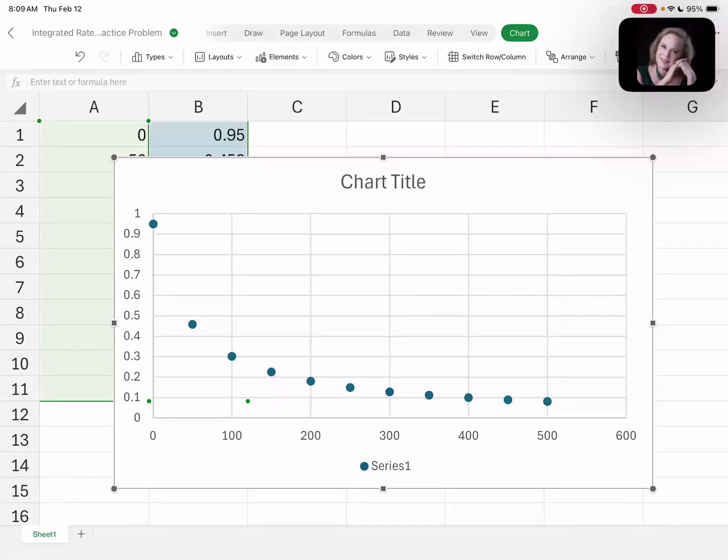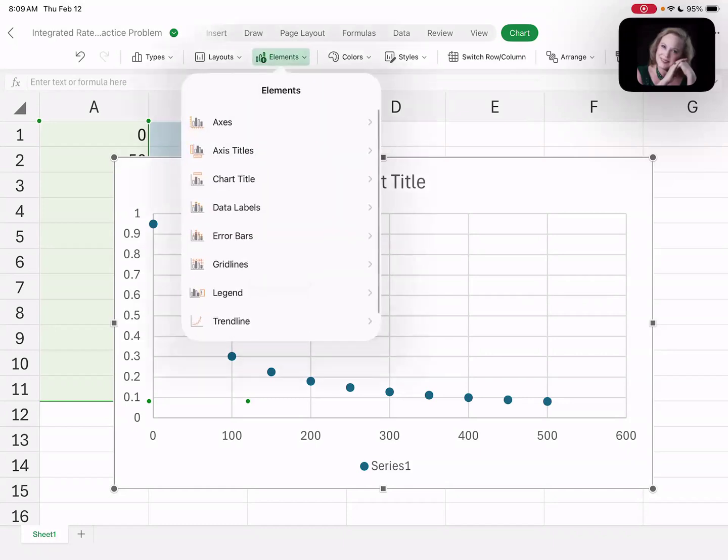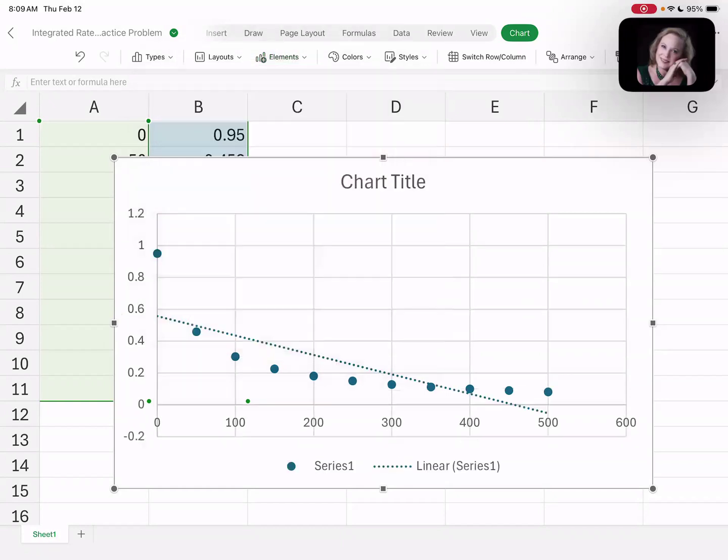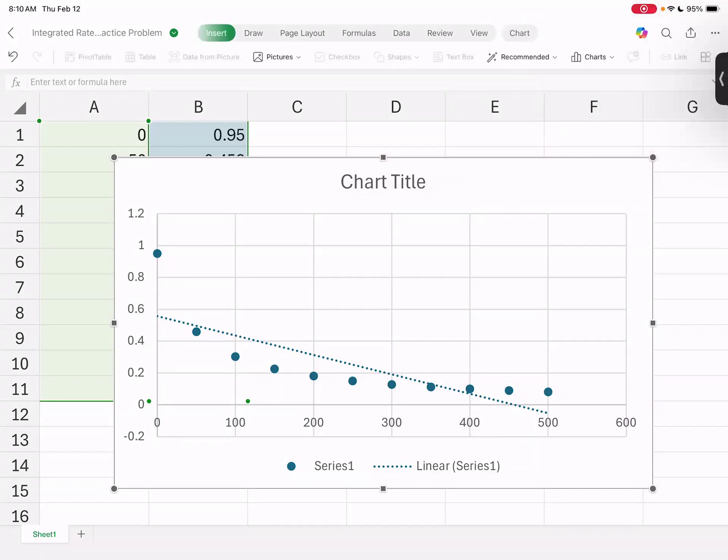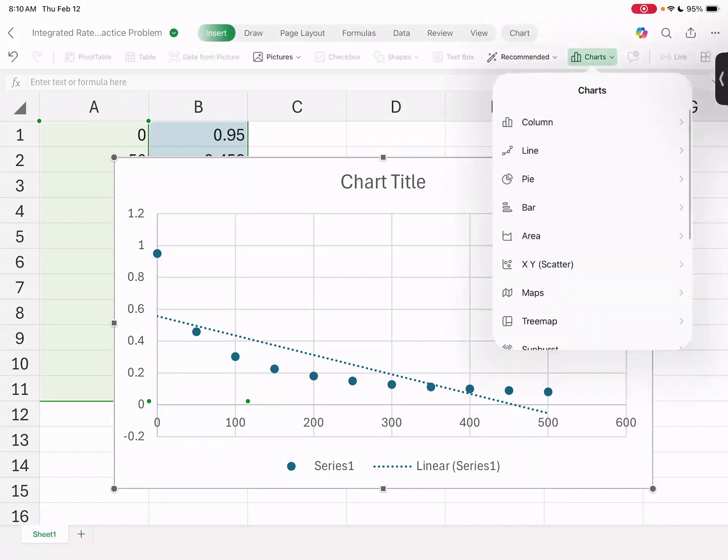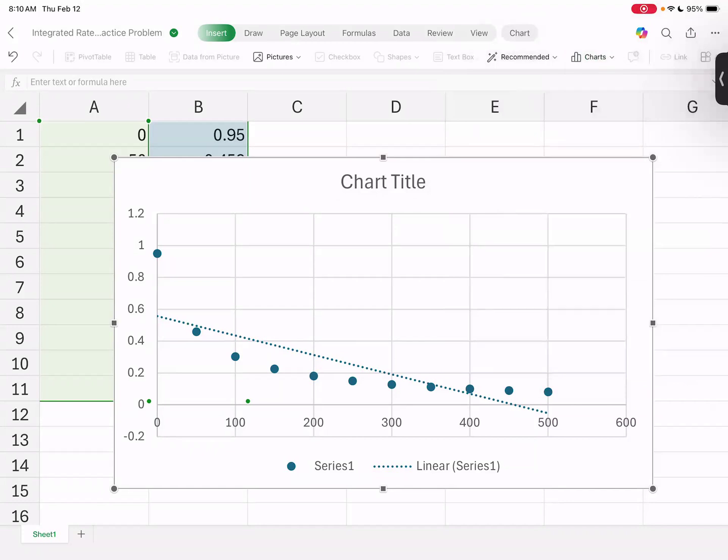And just like we did in the graphing lab, and just like we have done since then, we're going to add a trend line for this equation. I always have to go back and get my trend line right.